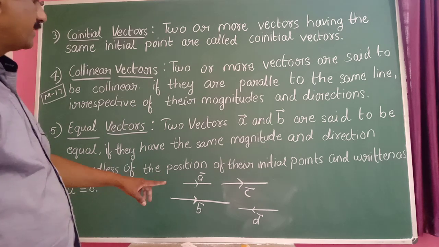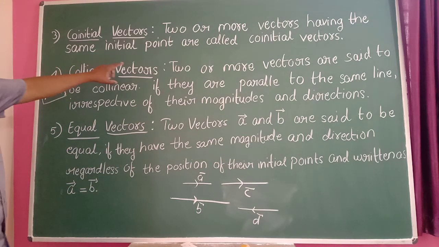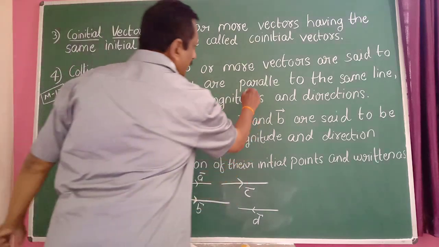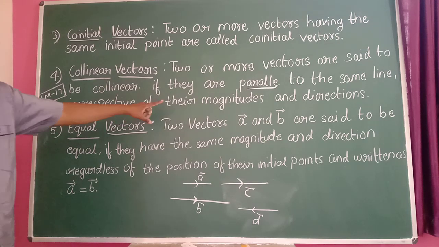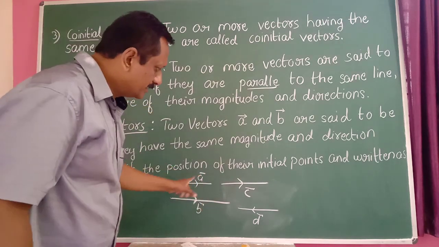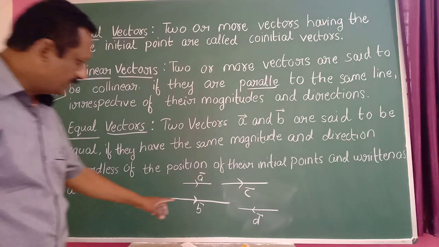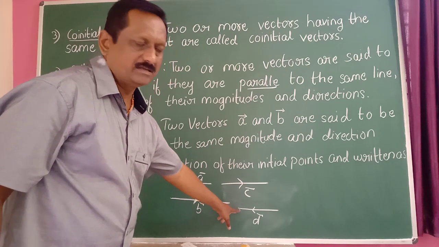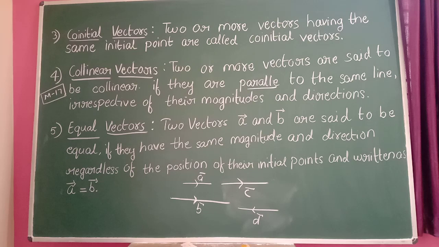Even in that case, the vectors are said to be collinear. They are parallel to the same line, irrespective of their magnitudes. All have different magnitudes and the direction is also different. Only these have the same direction, but this one has the opposite direction. Even so, they are said to be collinear vectors.